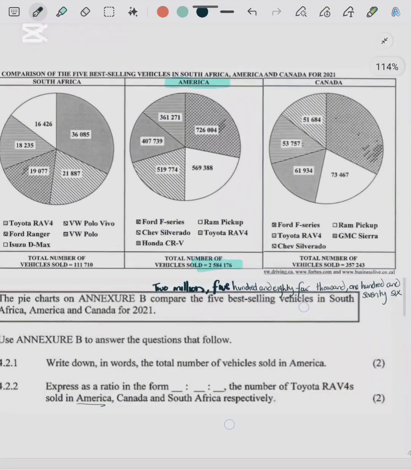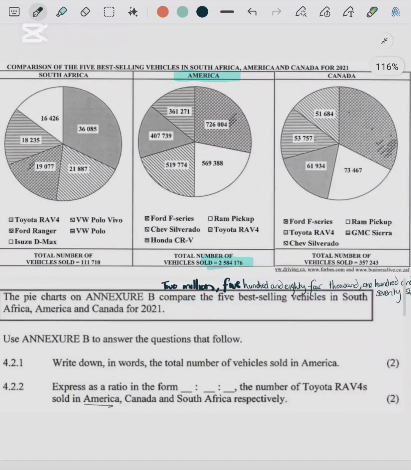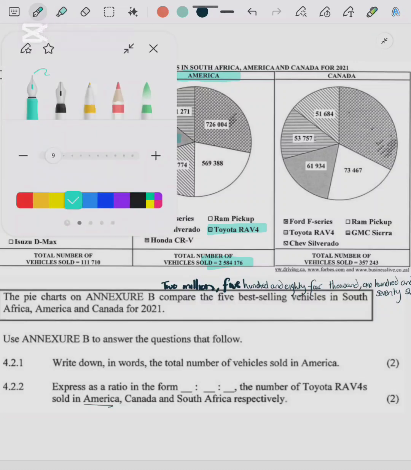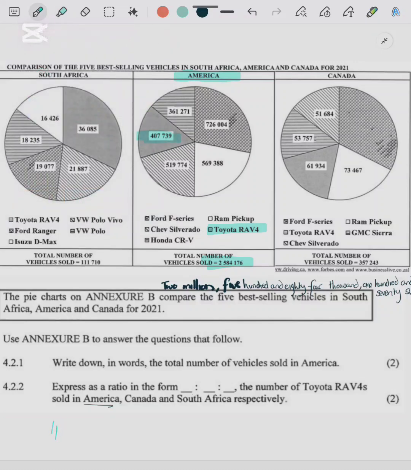If I look at America, I can see the Toyota RAV4 is this fully shaded one. So let me write that one out first. It's going to be 407,739.